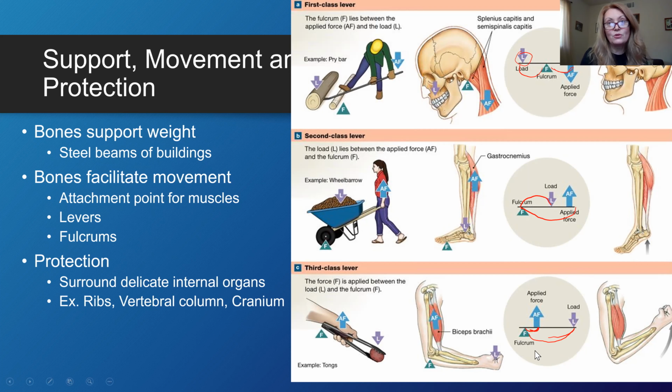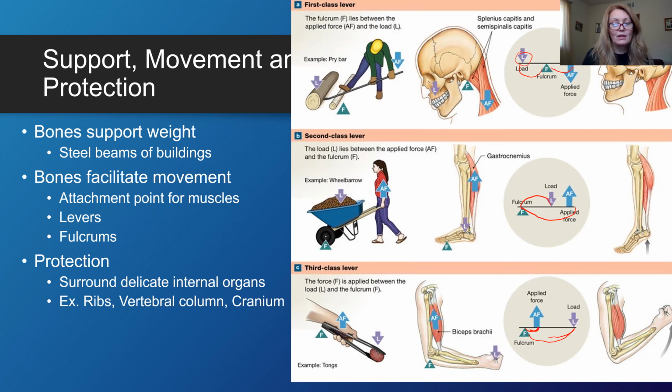But this allows you to lift the load quickly, right? So that's for speed. So third class lever is for speed. Second class lever is for strength. And a first class lever can be for both strength and speed.